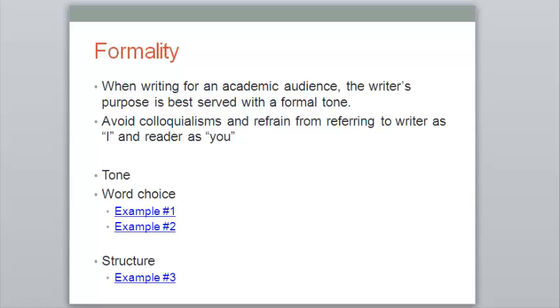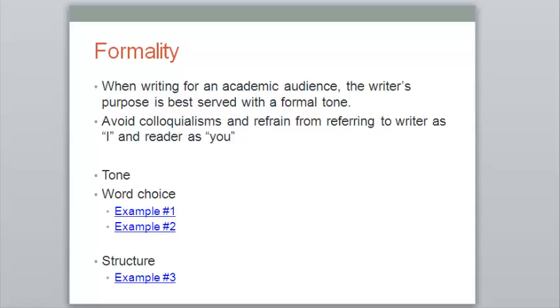Another part of this is to avoid colloquialisms, like we mentioned earlier with complexity and precision, to not refer to yourself as I and to the reader as you, so that you want to distance it from yourself a little bit. Be more formal with your reader. Don't try and be too close to them in the writing by using I and you and we and pronouns like this.